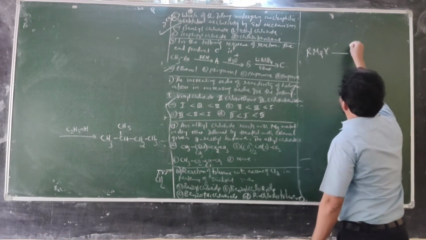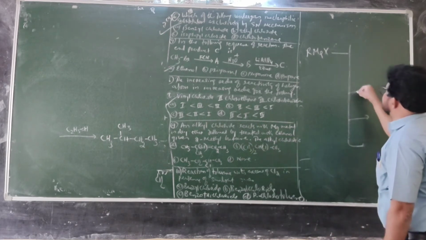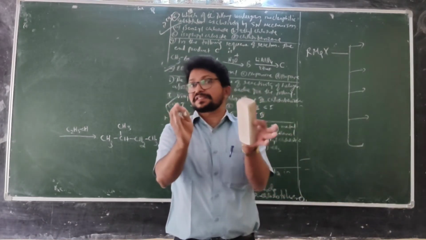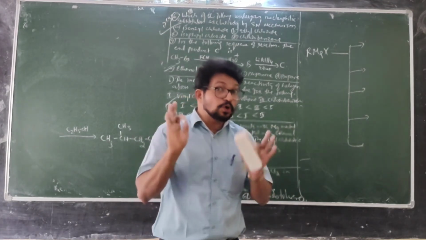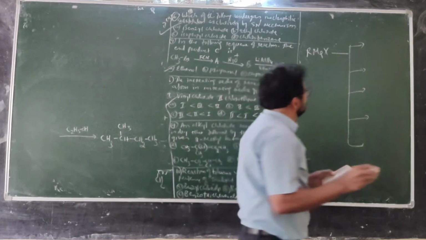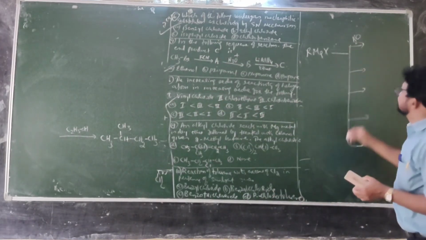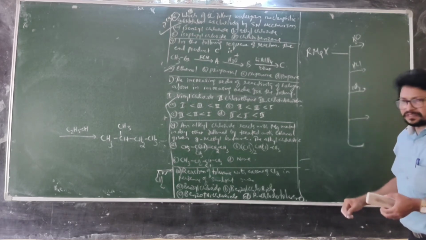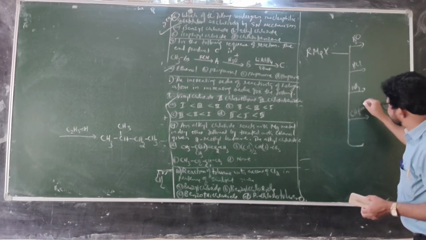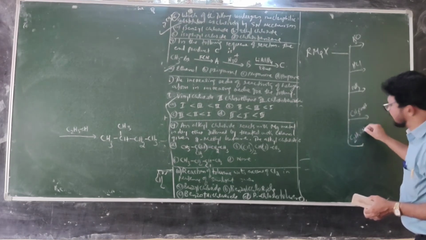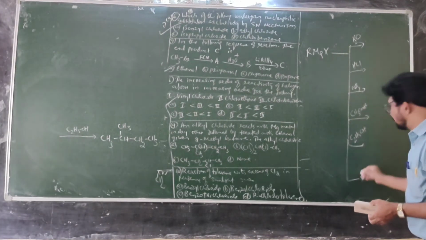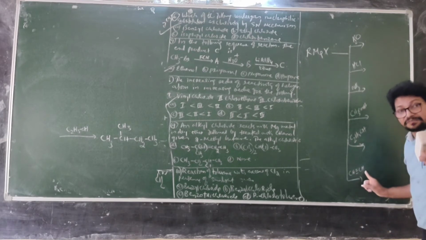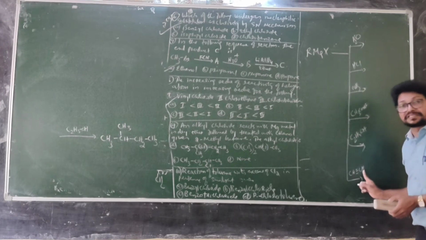RMgX, when treated with any of the protonating species, water or HCl, any acid, or even ammonia, or even acetic acid, or C2H5OH, ethanol also provides H plus, or even an alkyne having acidic hydrogen. In the hydrocarbon chapter you understood, alkynes have acidic hydrogen.